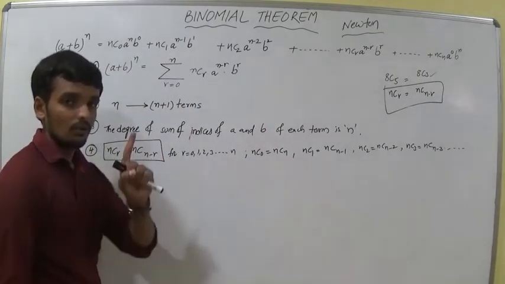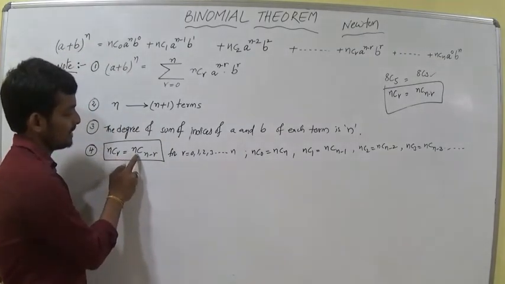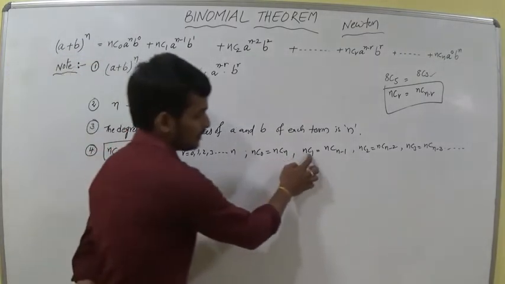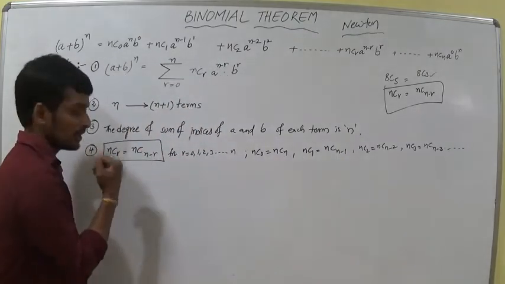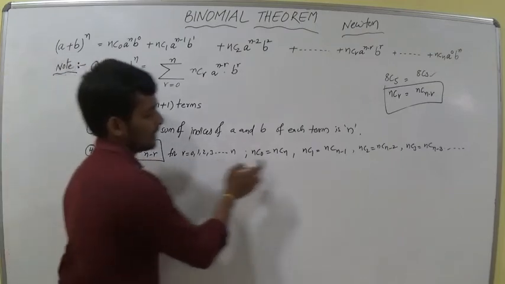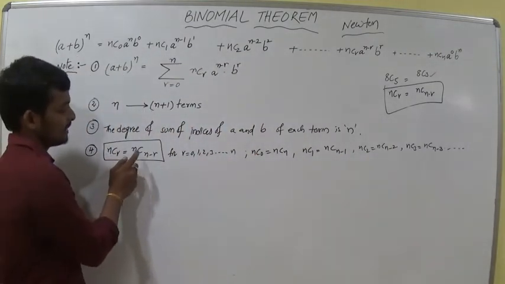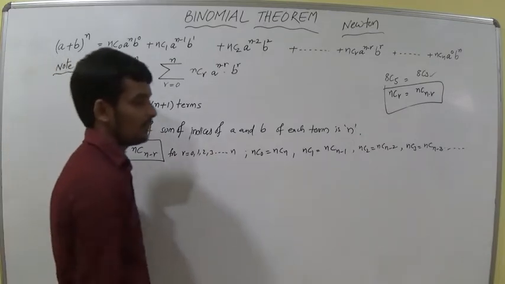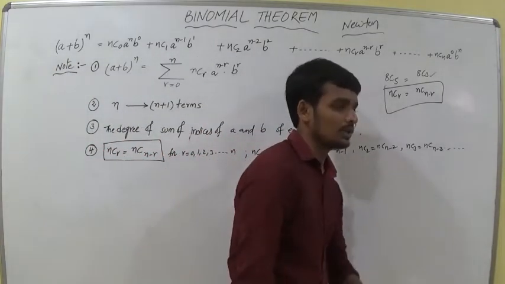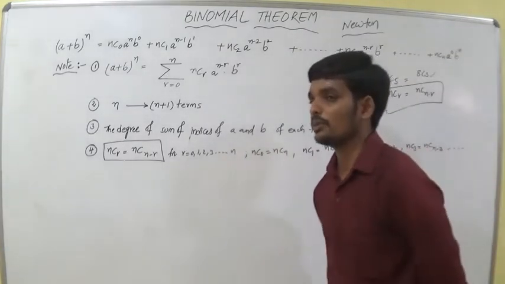If you want to keep 1 in the place of r, nC1 is equal to nC(n minus 1). The same way, 2 in the place of r, nC2 is equal to nC(n minus 2). nC3 is equal to nC(n minus 3). From these 4 examples, we have to observe an important point.